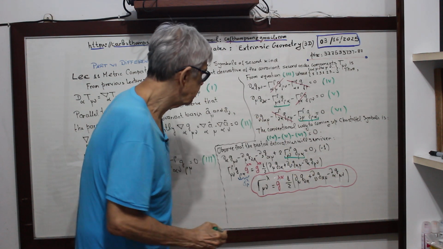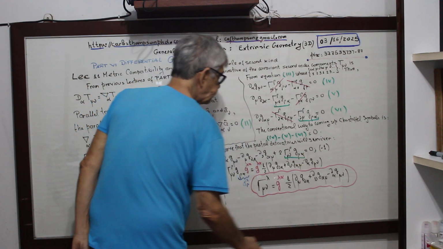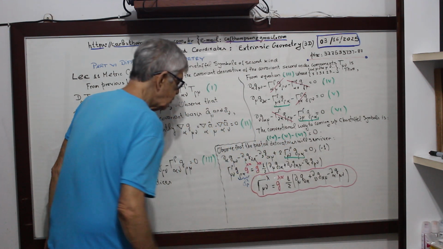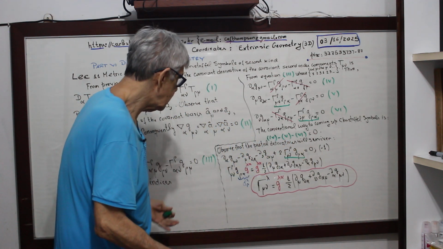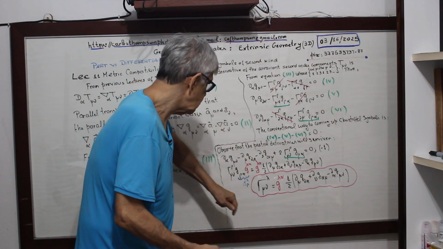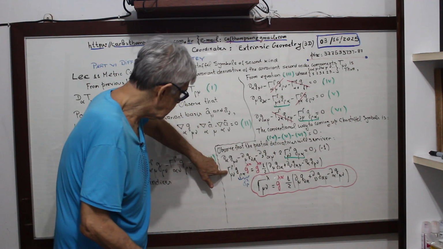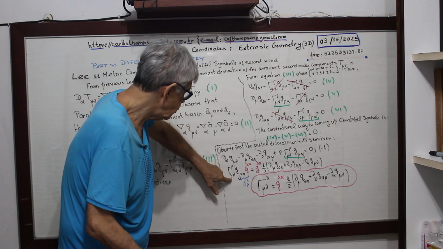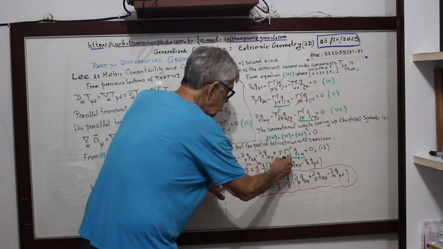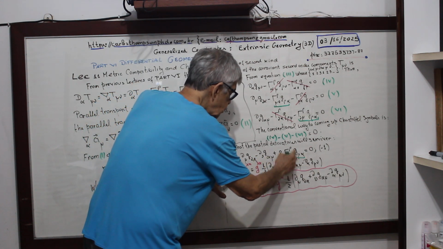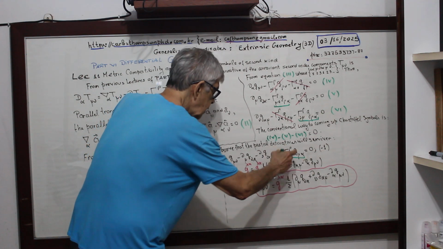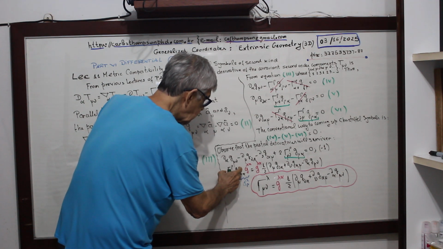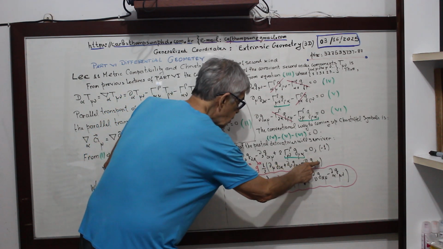I just repeat. This is now equal to 0. Now I multiply both sides by minus 1, and I just isolate this term, Γ^ρ_μν. This term will be 1/2 of this black one.